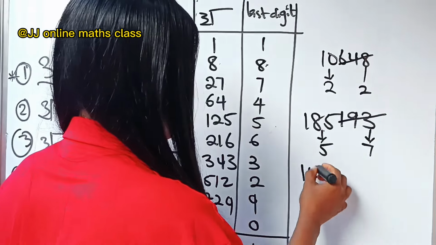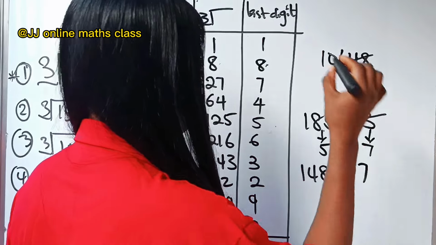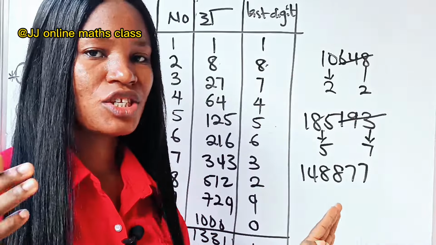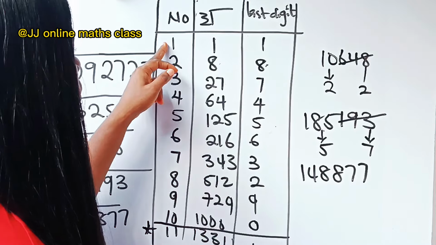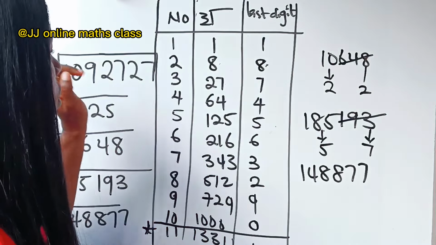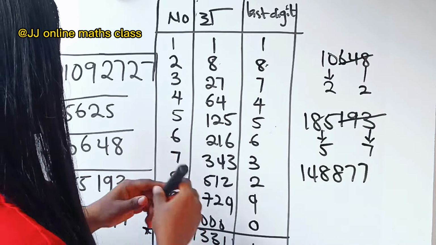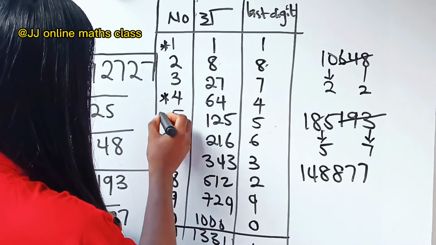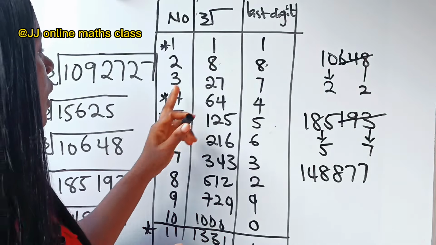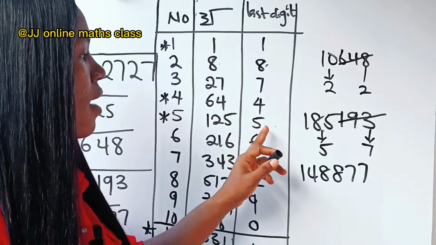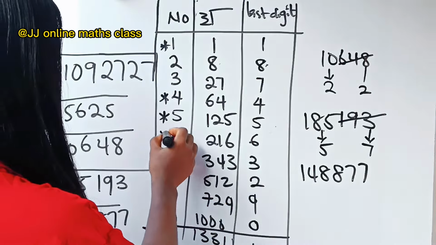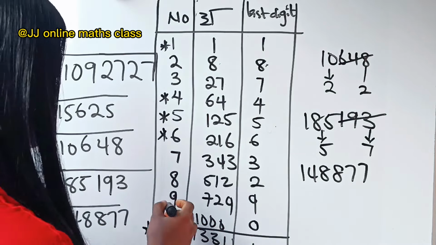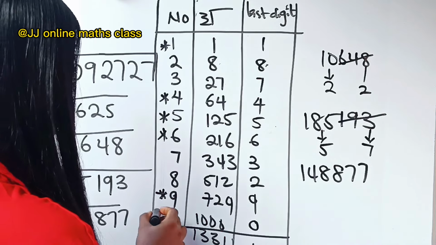All right, now let's solve another one. 148,877. Lest I forget, this is how you memorize the last digits. Notice that the last digit of 1 is 1, the last digit of 4 is 4, the last digit of 5 is 5, the last digit of 6 is 6, the last digit of 9 is 9, and the last digit of 10 is 10.